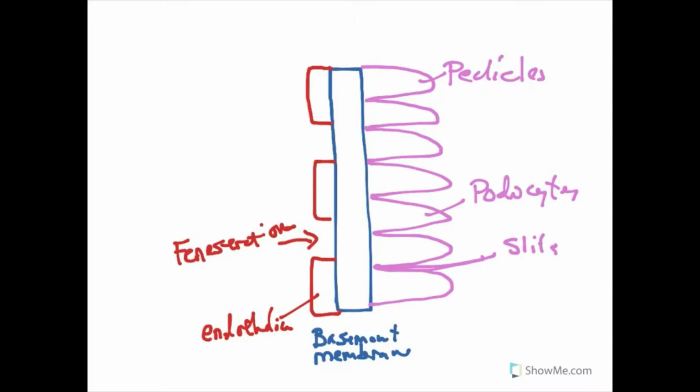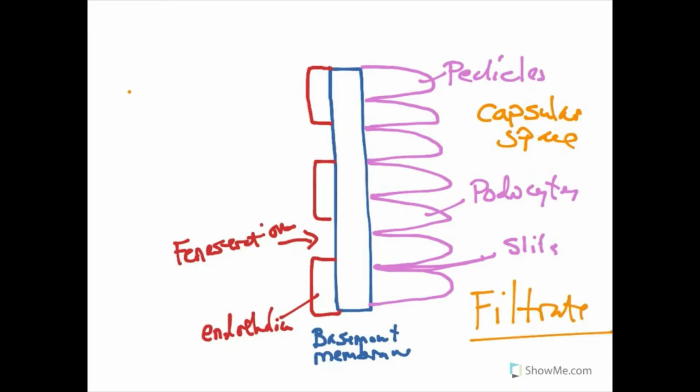Now, what is a filtration membrane separating? Well, on this side, we have the capsular space over here, and that's where filtrate will end up being produced. And on this other side, we have our glomerulus. This is the capillary.